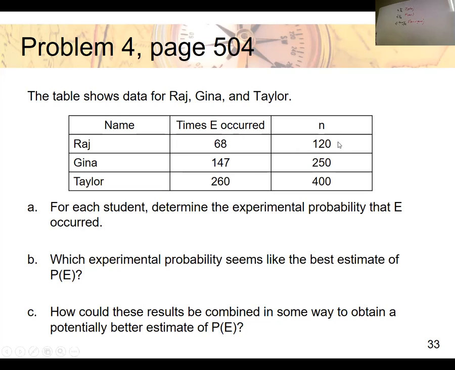Say an event occurred this many times out of a total of n, whatever event E is. For each student, we're going to determine the experimental probability that E occurred. And in part B, which experimental probability seems like the best estimate for the probability of E, and how could these results be combined in some way to obtain a potentially better estimate of the probability of E?